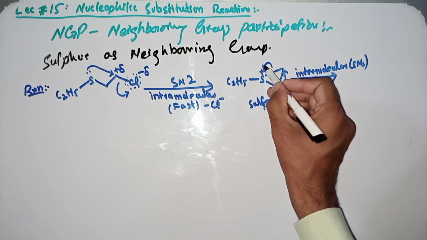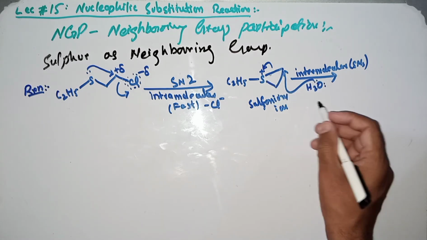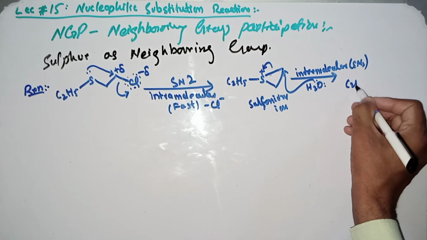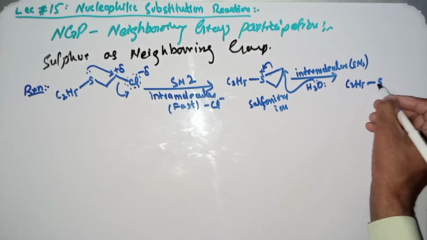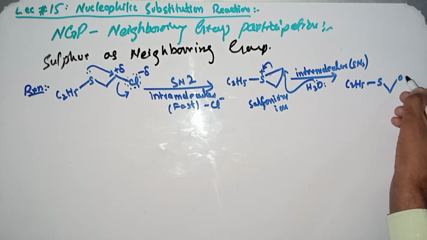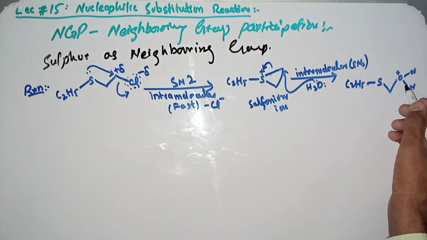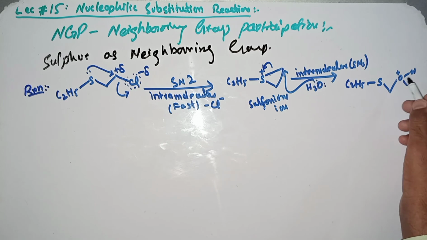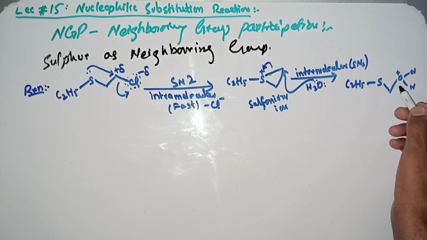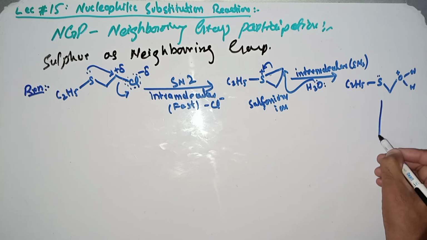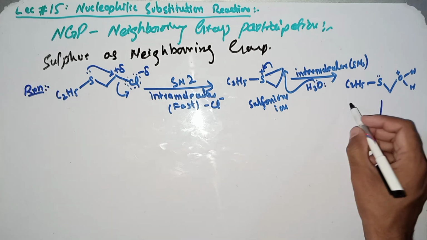The bond will shift toward this positive charge, the positive charge becomes stabilized, and the final product will be like this, HSOH. This water will get a positive charge because it loses electrons. After that, this is the second step.